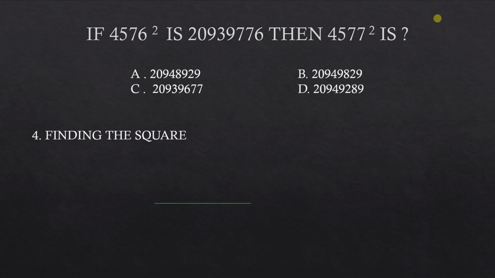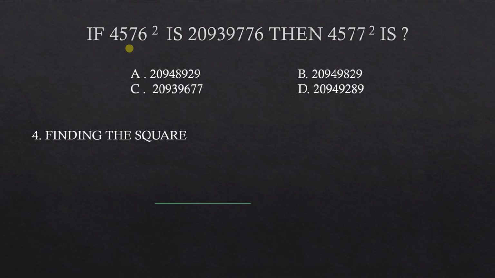I am going to teach you a new method to find the solution for this kind of problems. In this question, we can see that they have already given 4576 square as this number. So using this number, we need to find 4577 square, which is just the adjacent number.